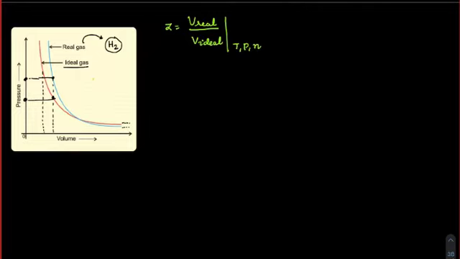And if you check this diagram, at a particular constant pressure, you can see that from the graph, the volume of the real gas is greater than the volume of an ideal gas.